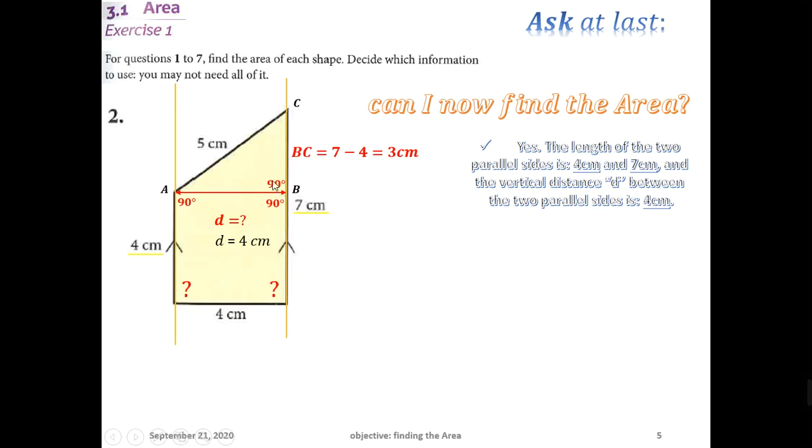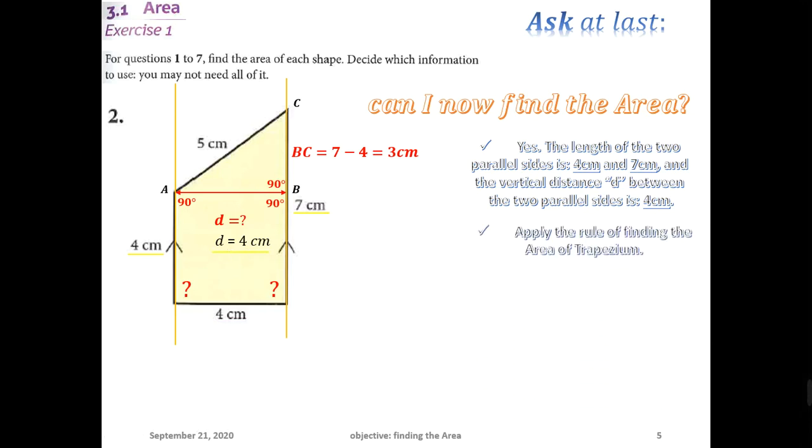And the vertical distance between the two parallel sides is 4 centimeter. Let's write now. So I underlined on the diagram, every single number that I need to use in the formula of finding the area of a trapezium, so that I know which numbers I have to use.